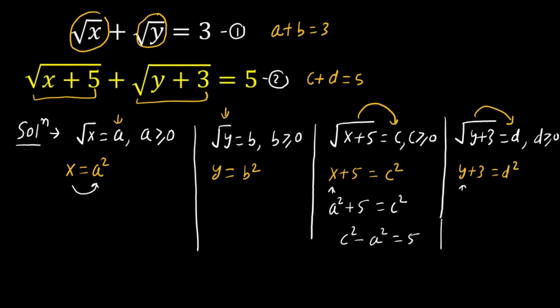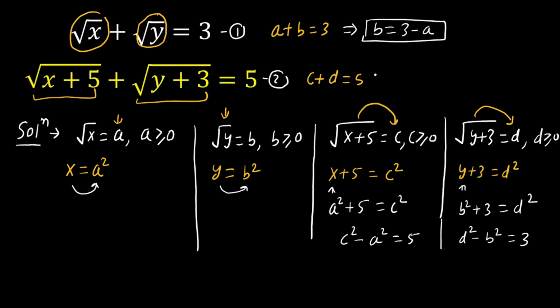And y is replaced by b square, then b square plus 3 equals d square, so d square minus b square equals 3. Here a plus b equals 3, which means b equals 3 minus a, and c plus d equals 5, which means d equals 5 minus c.